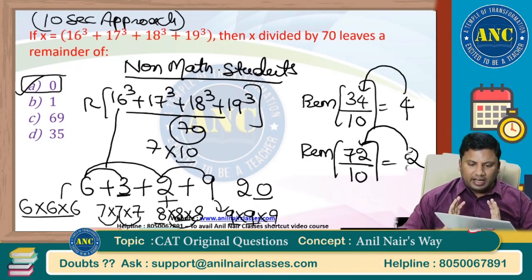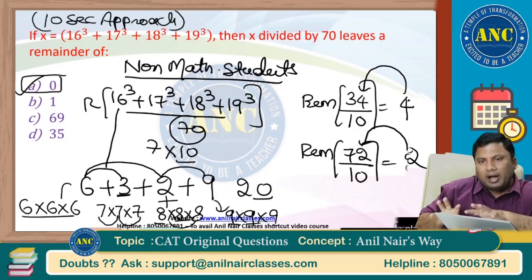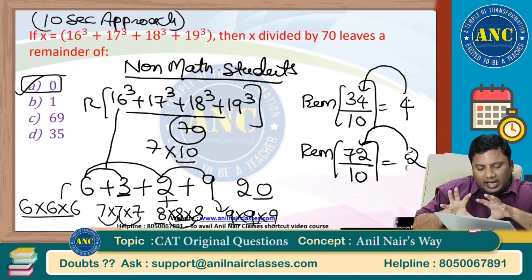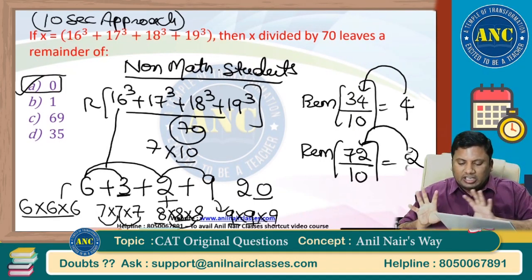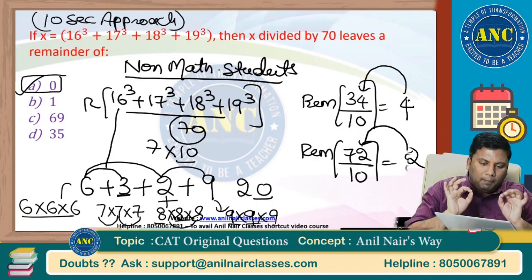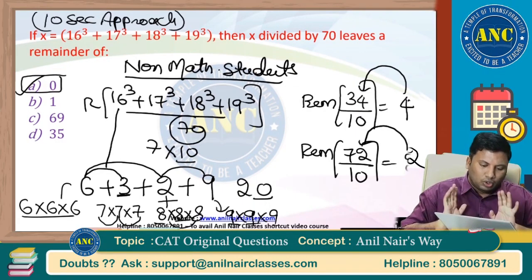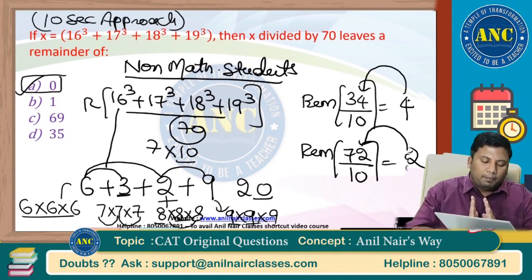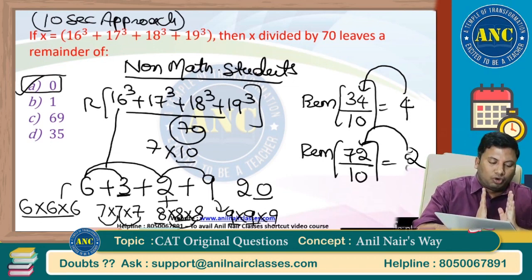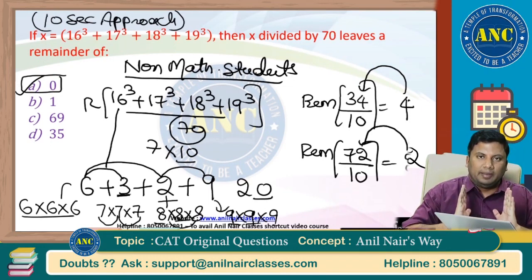X is divided by 70. 70 is a multiple of 10. When you divide any number by 10, the unit digit is nothing but the remainder. Only play with the unit digit logic. 6 cube ends in 6, 7 cube in 3, 8 cube in 2, 9 cube in 9. 9 plus 2 is 11, 11 plus 3 is 14, 14 plus 6 is 20.